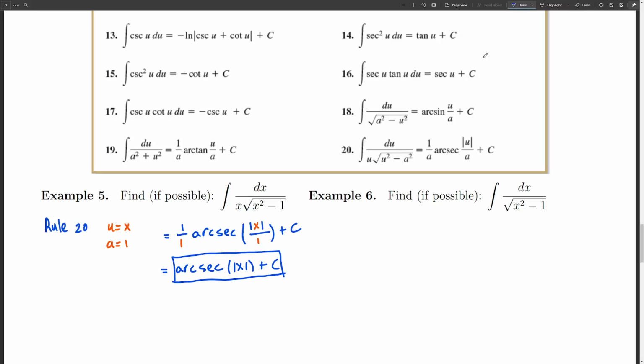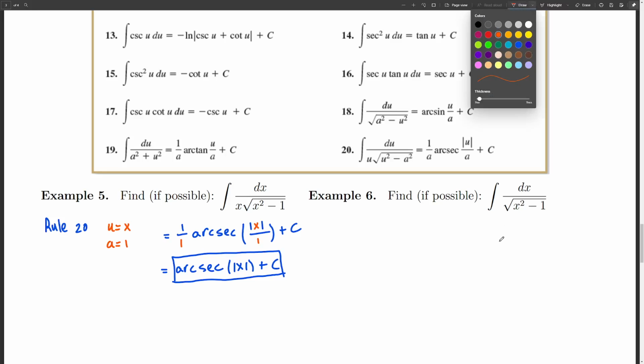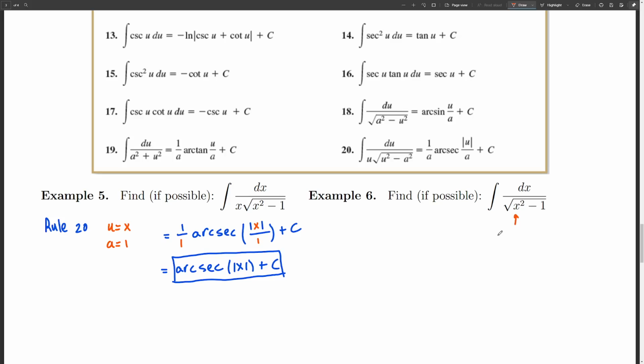So you may be tempted to apply rule number 18. But rule number 18 says the constant squared minus the variable squared. And what we have here is the variable, and then the constant.